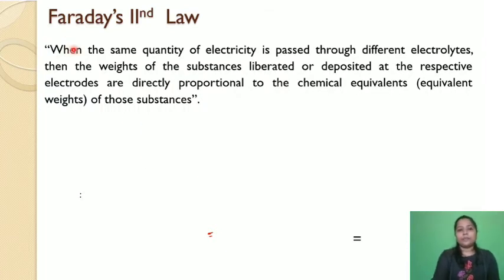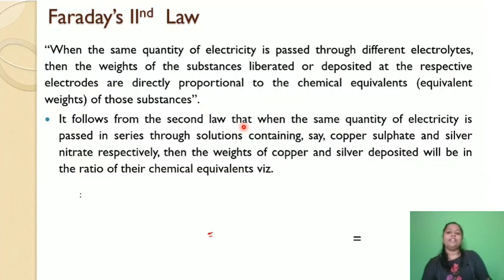So the statement is, when the same quantity of electricity is passed through different electrolytes, then the weights of substances liberated or deposited at the respective electrodes are directly proportional to their chemical equivalents, that is, the equivalent weights of those substances.